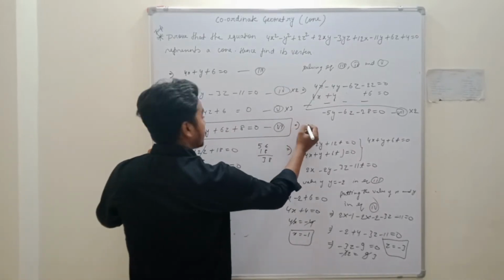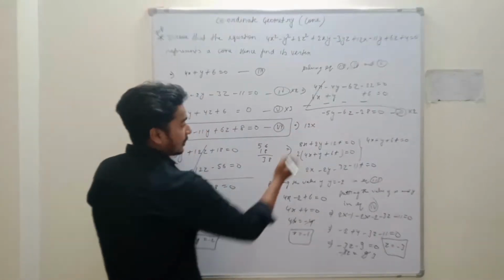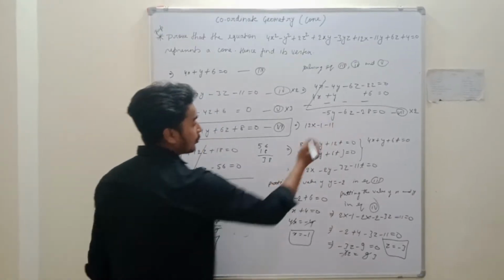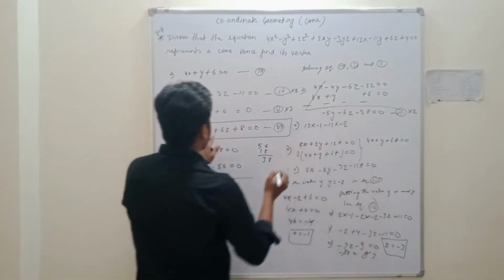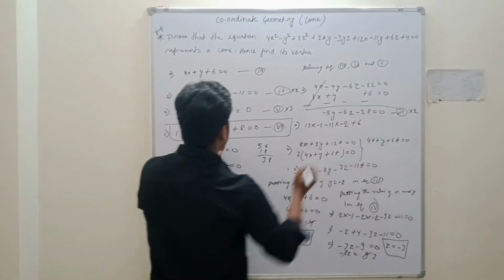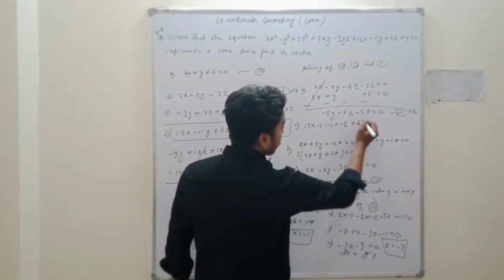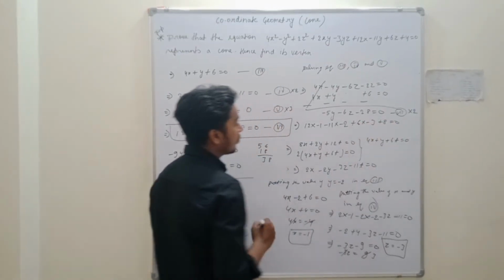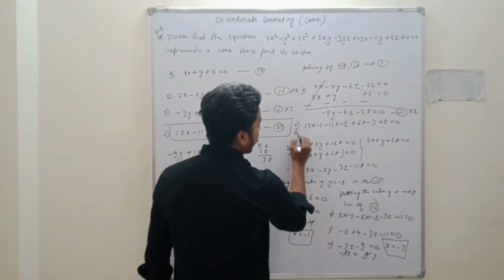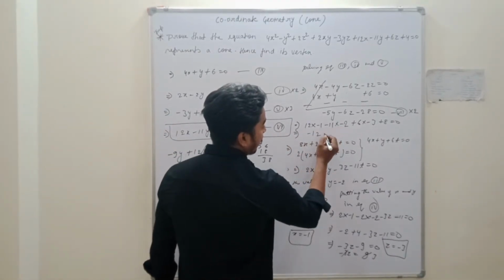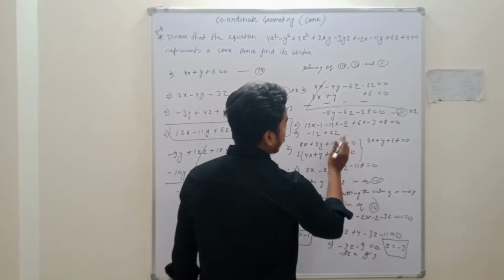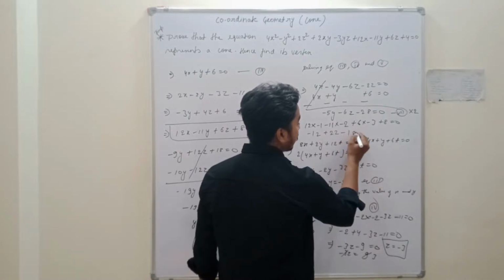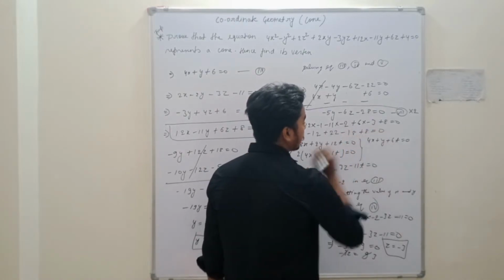Here this is 12 into the value of x, which is minus of 1, and minus of 11, the value of y is minus of 2, and plus of 6. Here the value of z is minus of 3 and plus of 8 is equal to 0. From here we have to solve: minus of 12 plus of 22 and here is minus of 18 and plus of 8 is equal to 0.